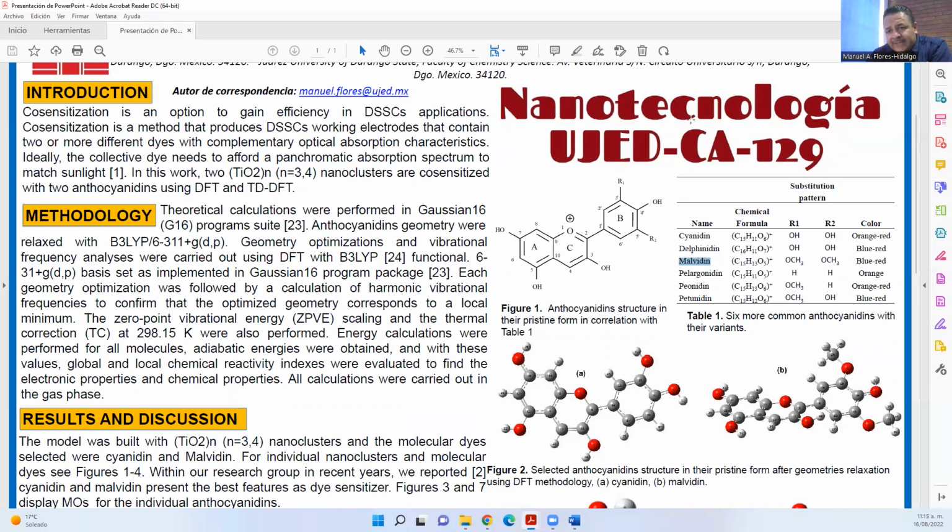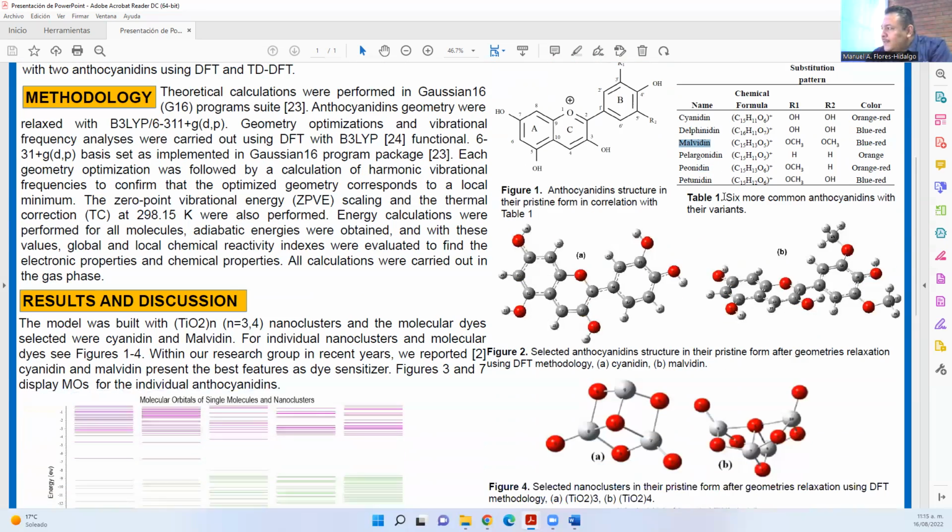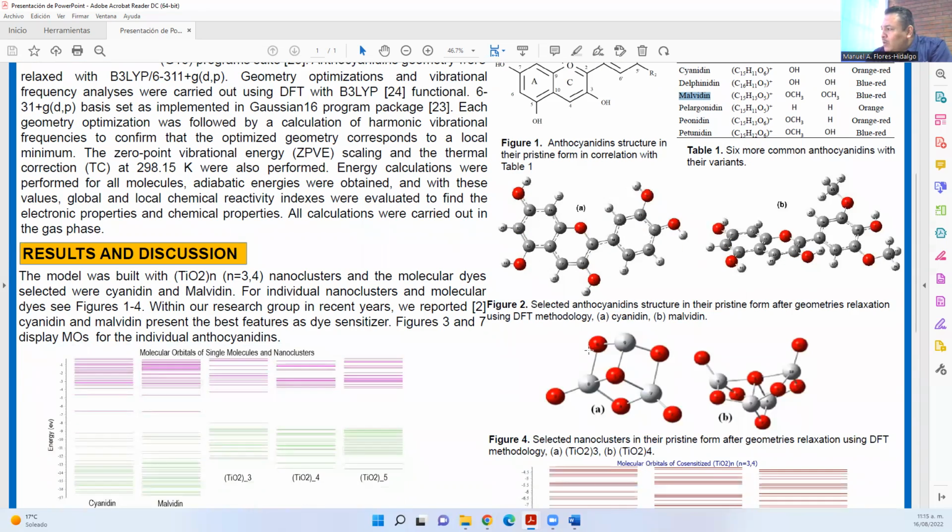That's where we work in this research group, and the intention with these nanoclusters is to combine these 2 different molecules in a single system. So that is defined as a co-sensitization.